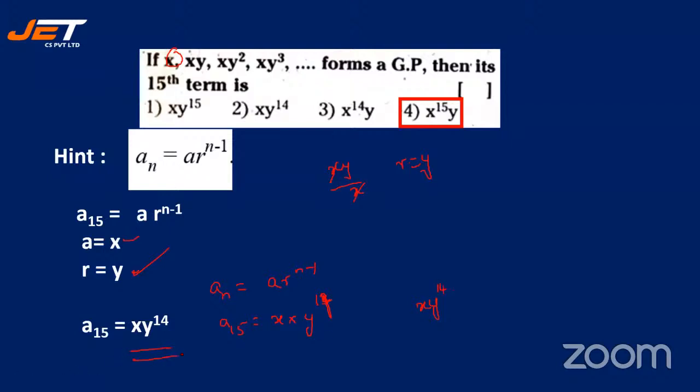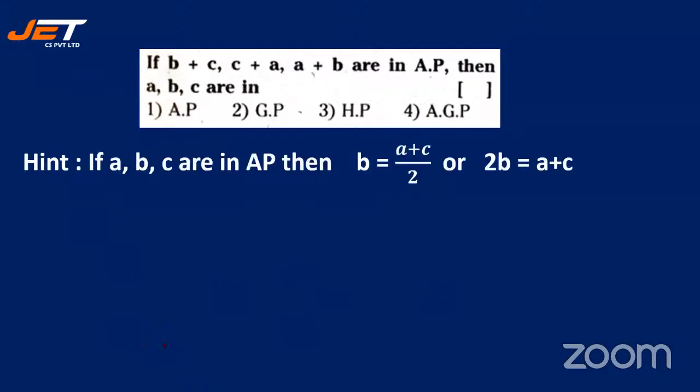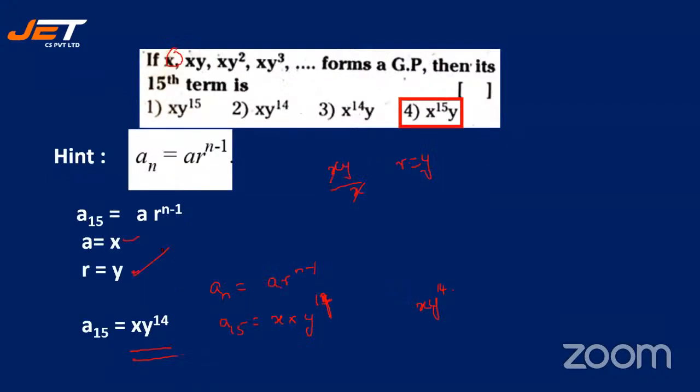See here. So here your answer must be 2 because xy to the power n minus 1 is this. Right? This, not 4, because here it says x power 15 into y. So xy to the power 14. So your answer is 2.